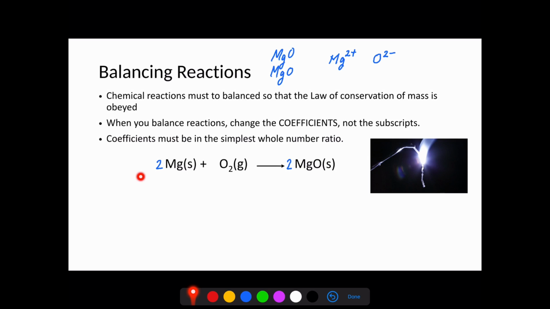And what this means is for this reaction, 2 magnesium atoms will react with 1 oxygen molecule and they will form 2 MgO units. Okay, so the coefficients are telling you the ratio in which magnesium and oxygen react and the ratio in which the product is formed.